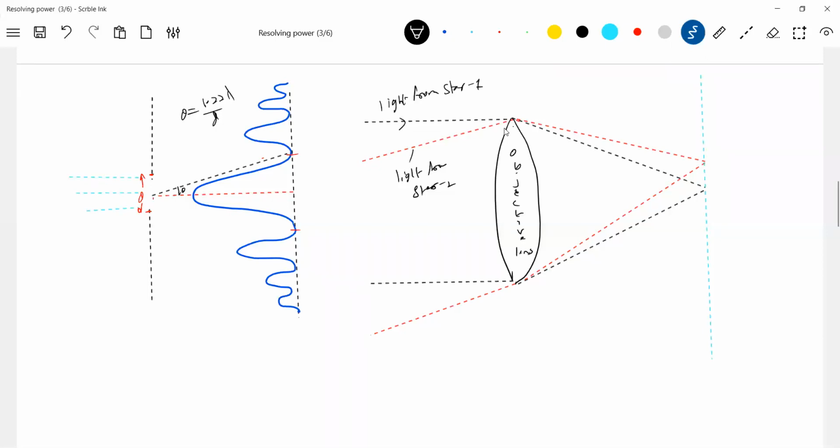Then how will the diffraction pattern be? The minima, okay, the maxima should be there, no?